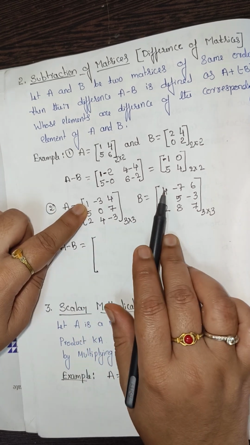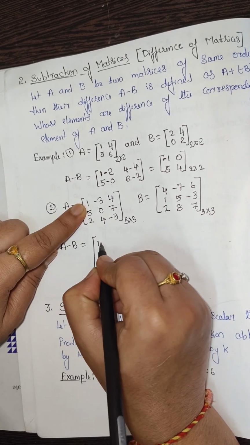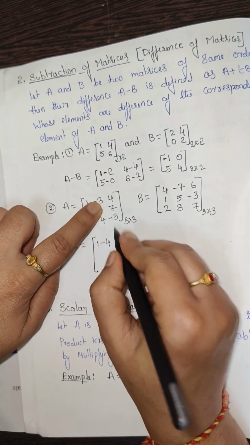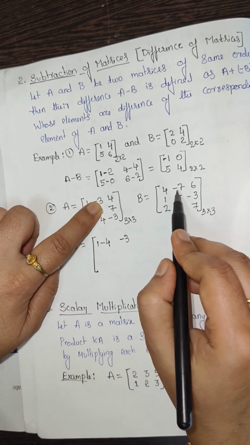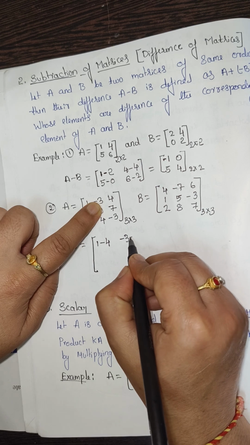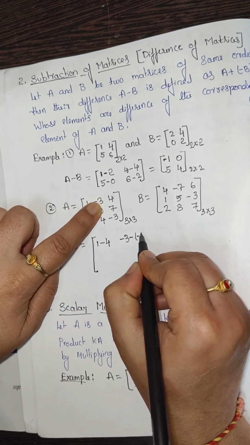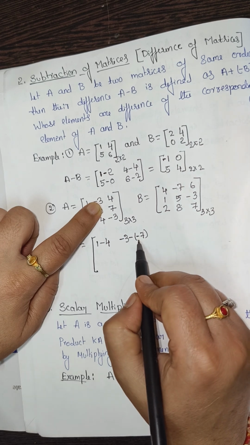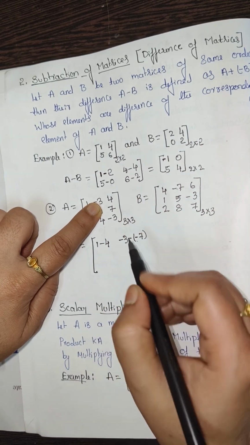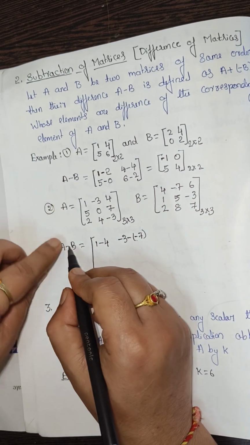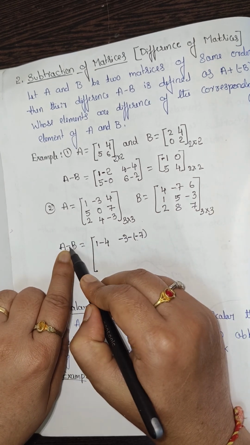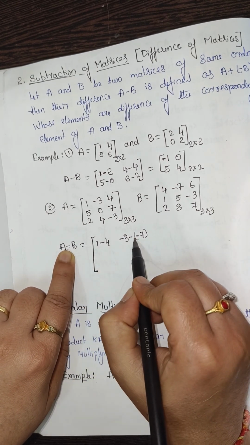Okay. In A, you need to subtract 4 only. 1 minus 4, minus 3. Second row, column 2 is minus 3 here. It's minus 7, so it is a subtraction. Whenever a minus sign comes, you take a bracket. Otherwise, you can directly multiply and write. This is a minus sign, minus into minus becomes plus 7.